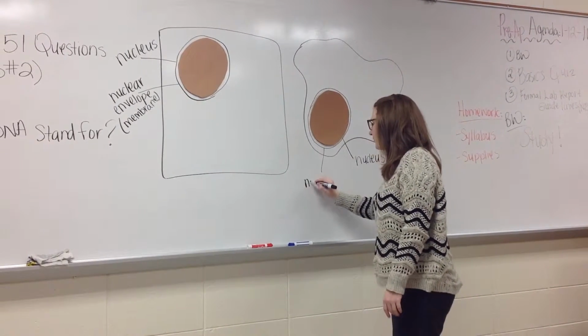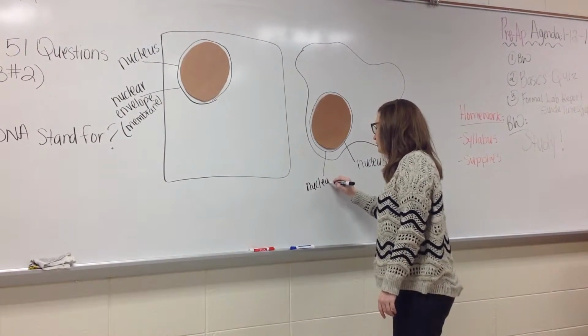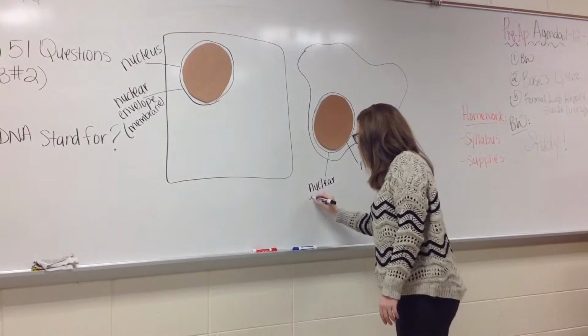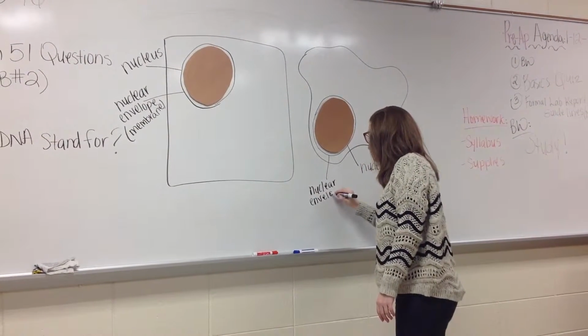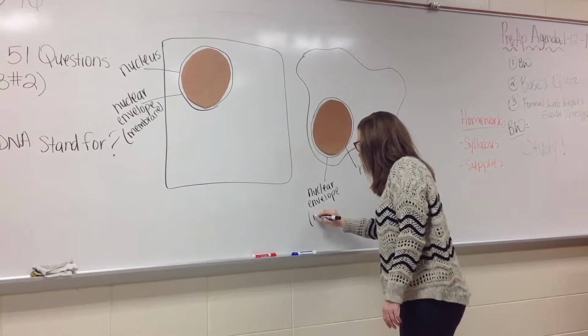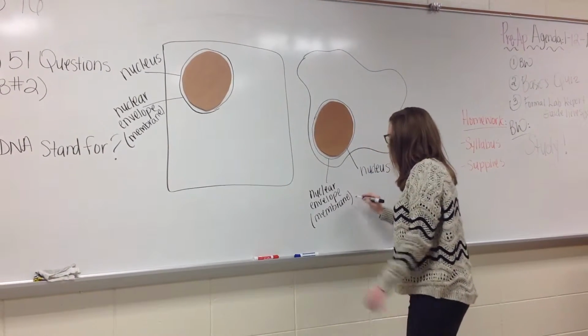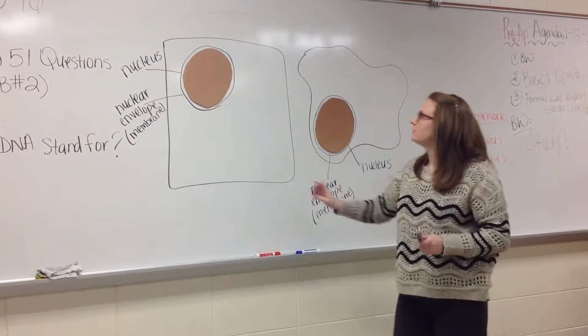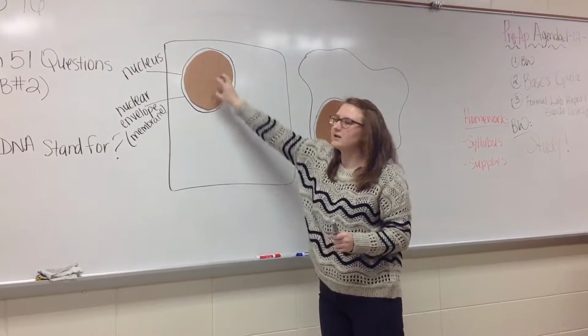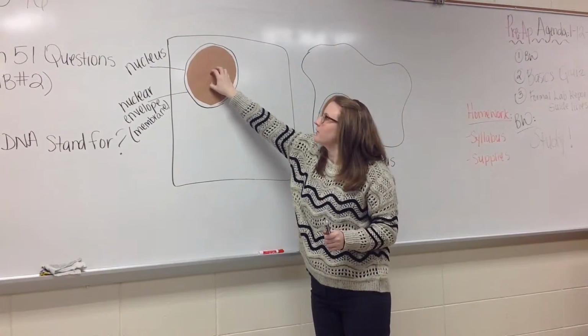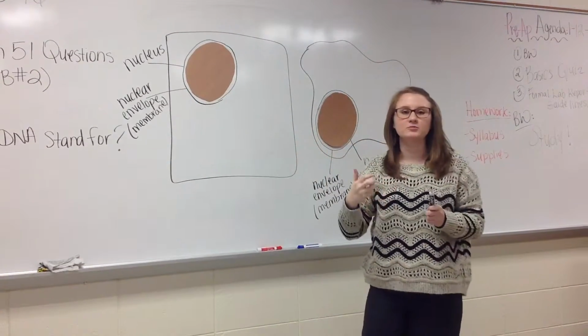If you remember about the nuclear envelope, it's the membrane around the nucleus, and it has little bitty pores all around it. So that DNA only stays in here. But your DNA makes things. It makes proteins.